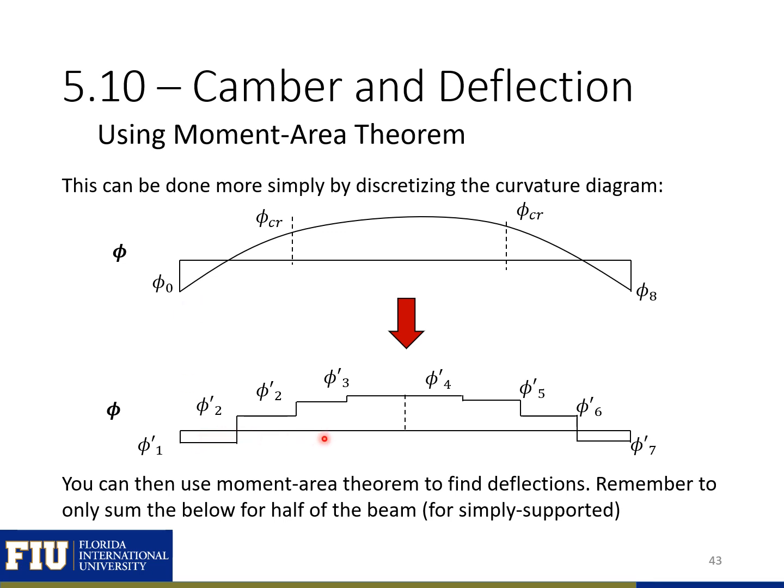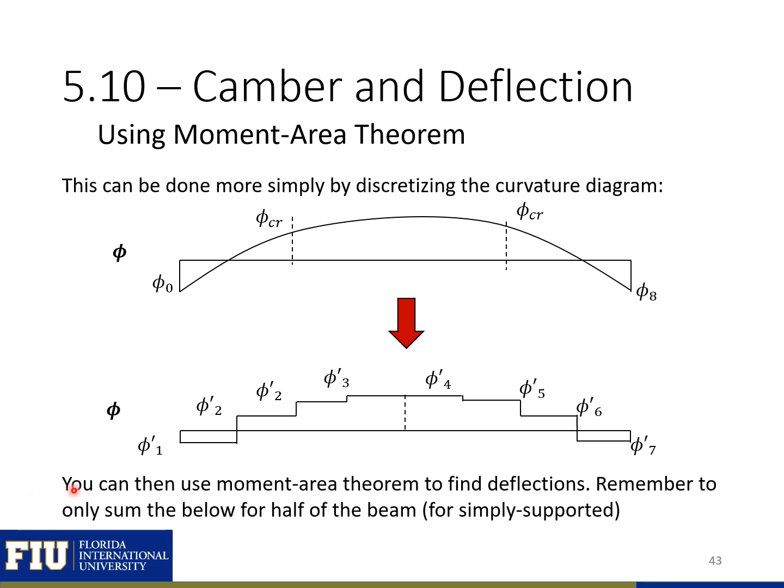Essentially, we decide how many discretizations we want to break our curvature diagram into, and then we would assume an average constant curvature along the length of that discretization, so we'd have a series of rectangles making up our curvature diagram. And then we can use the moment area theorem to find our deflections.